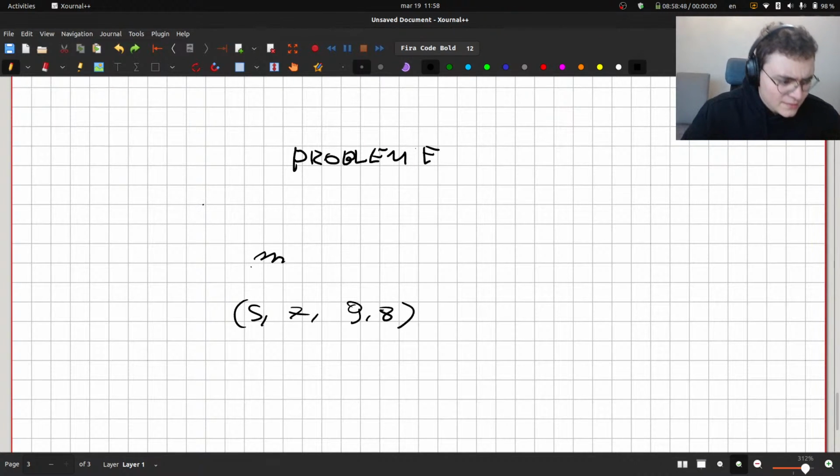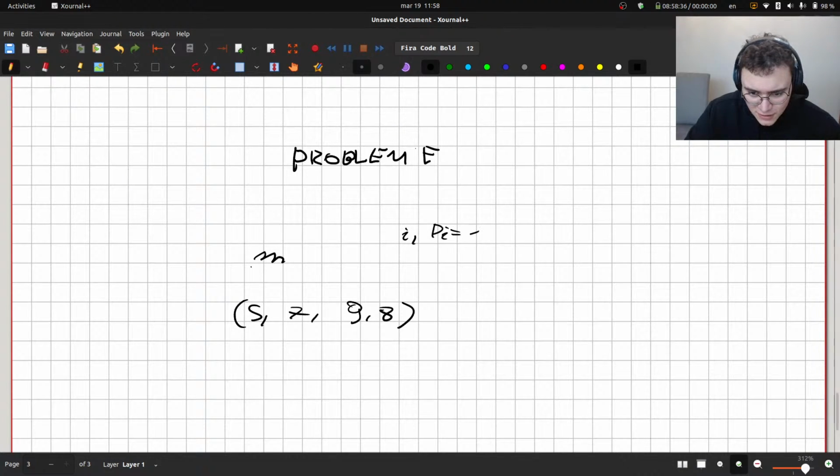So basically, I say something like this. Let's say that the i such that p_i is equal to x, given in our task, let's call this pos, right? Let's say that we call pos the position such that p_i is equal to x, right?